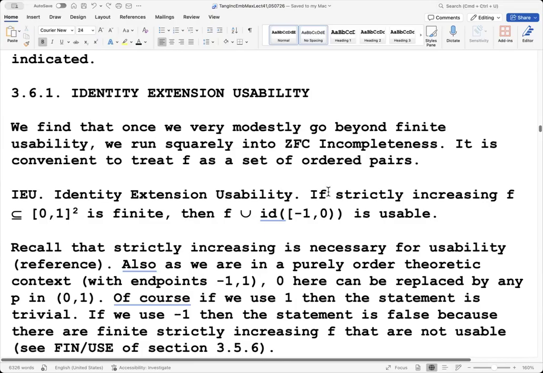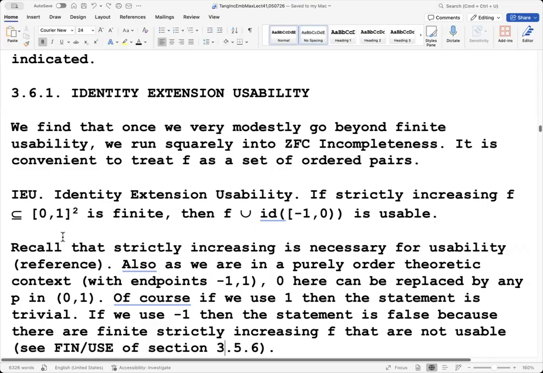You treat these functions as a set of ordered pairs. IEU, identity extension usability: if strictly increasing F, and I use the set of ordered pairs notation, it's very convenient, is finite, then F union the identity function up to zero and not including it is usable.